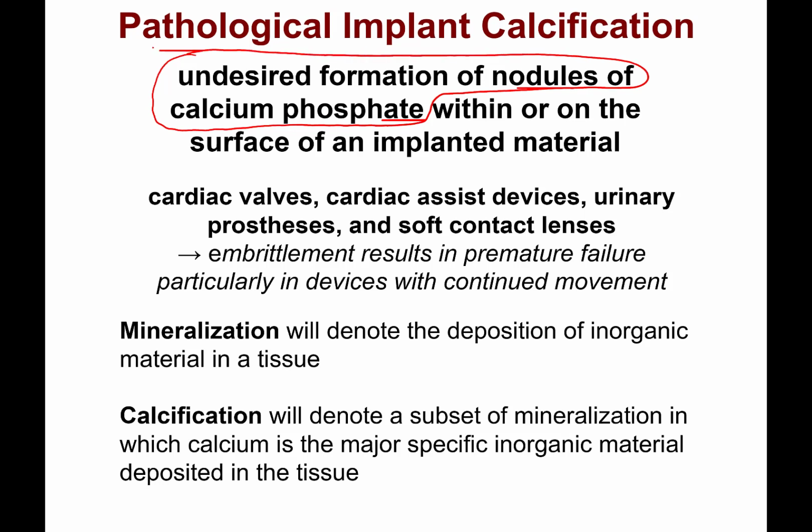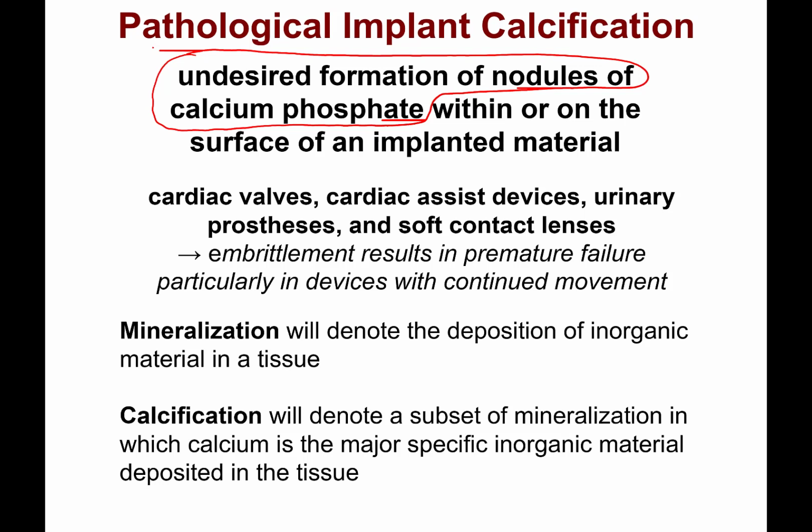And this is not restricted to natural tissues. This can also happen with biomaterials that are implanted in the body. So we can get calcium phosphate formation on the surface or within implanted materials. This has been observed to happen with cardiac valves and cardiac assist devices, and that's because of exposure to blood, there's lots of calcium there, and also with the mechanical stresses, they're going to be particularly susceptible.